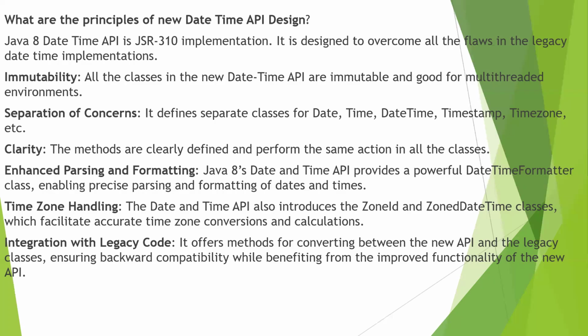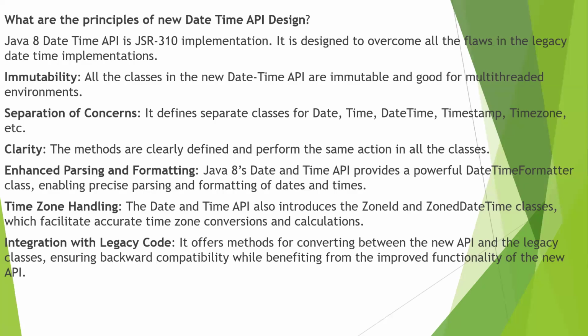Whereas from Java 8, we can see these specific features where we can use the zone IDs, where a particular zone is associated with one particular zone ID, and that will help us in making the conversions as well as the calculations accordingly.